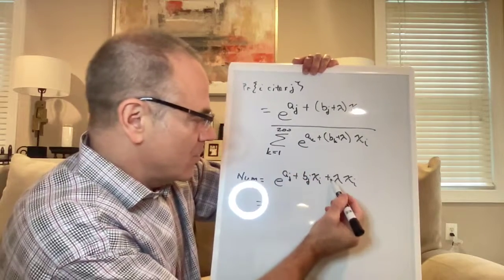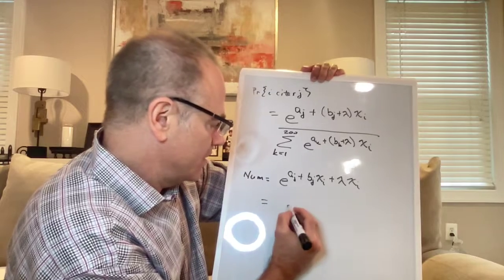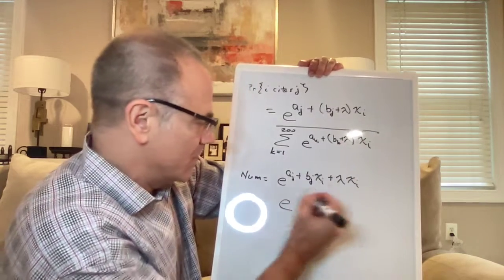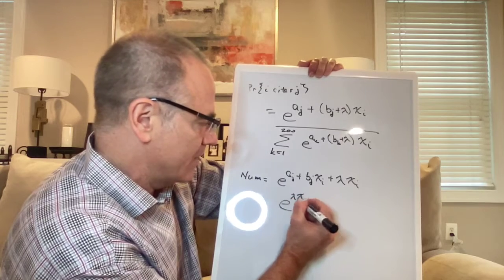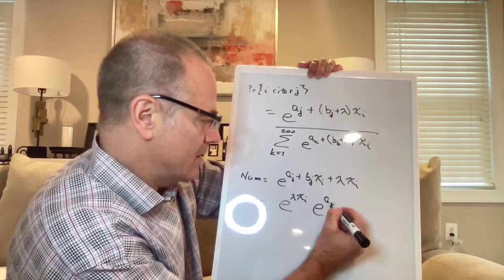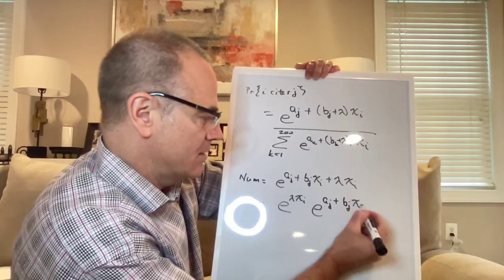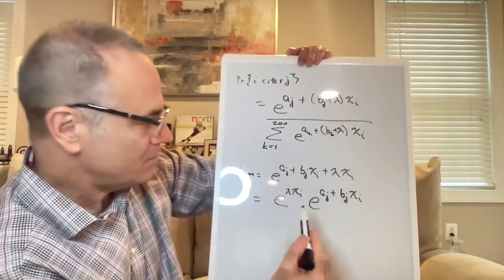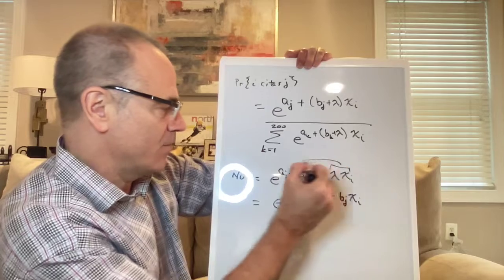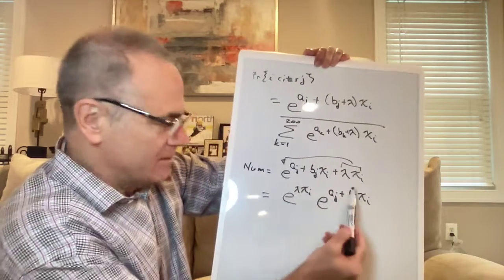So what I'm going to do, this equals, then I'm going to reverse them. Actually, I'm going to do 2 steps in one. So this equals e to the lambda xi times e to the a sub j plus b sub j times xi. So first I reverse the order. I said put that one first. And then once you do that, you get that term.